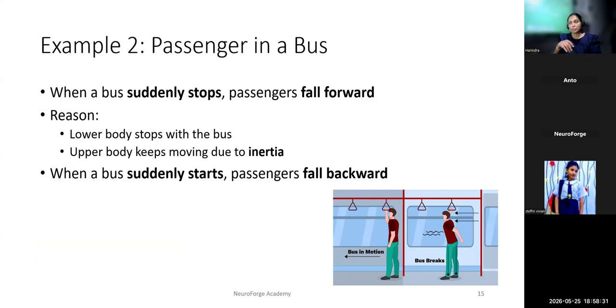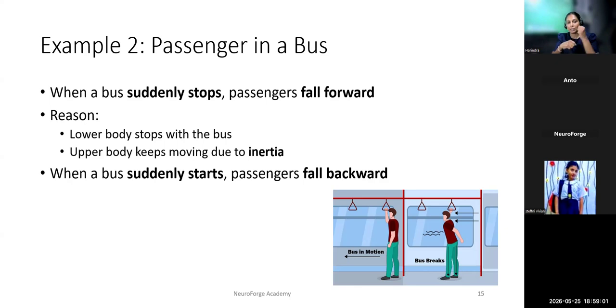When the brake is applied, Pute, if the bus is moving to the right side, the driver applies the brake in the opposite direction. When he tries to apply the force in the opposite direction, the people in the bus still have the velocity of the bus because they still like to move to the forward side.